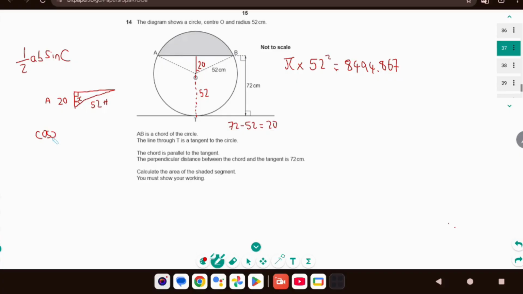Cos X equals adjacent over hypotenuse, 20 over 52. Cos to the minus 1 both sides gives us our angle, 67.38. So that angle there, 67.38.